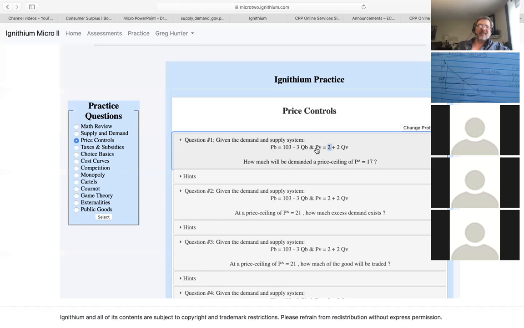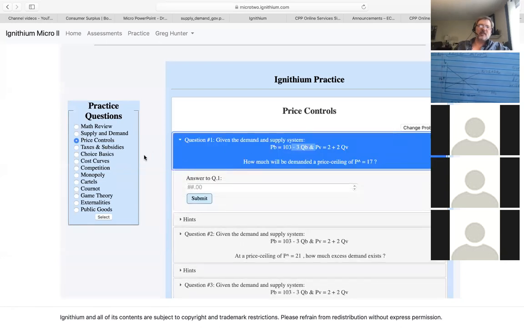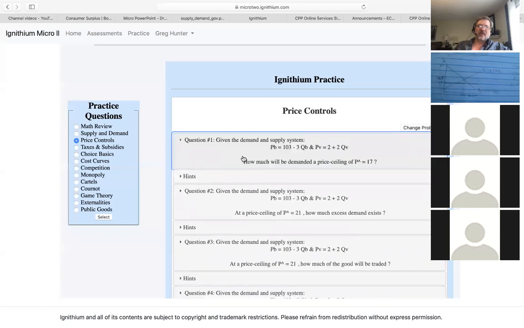Now, for the supply curve, we don't really need the horizontal intercept because, remember, this is the first quadrant of the Cartesian plane, and it would be in the second quadrant because the horizontal intercept would be negative.